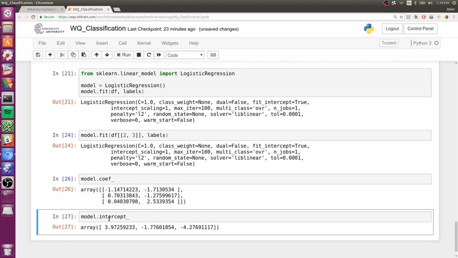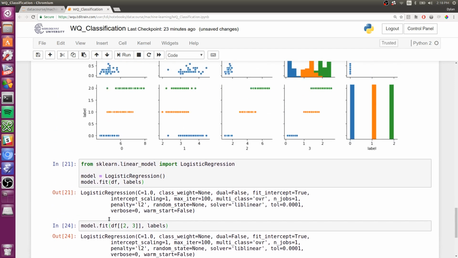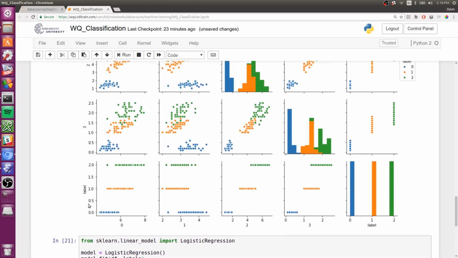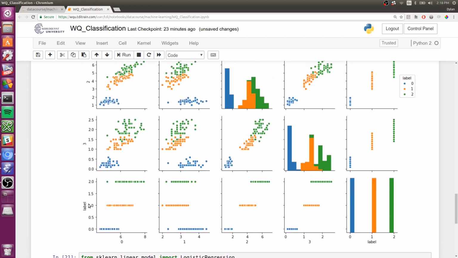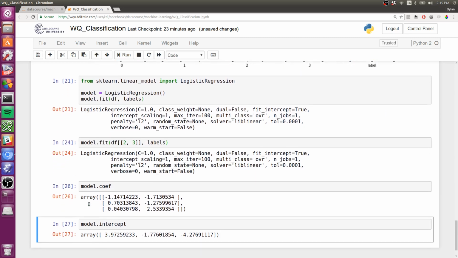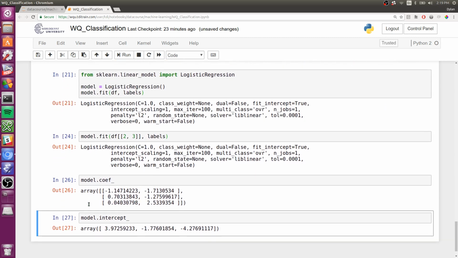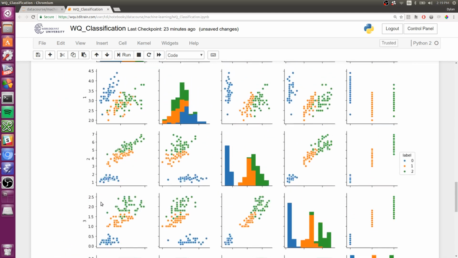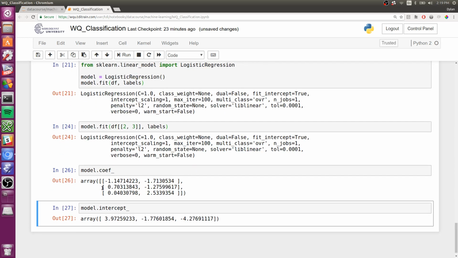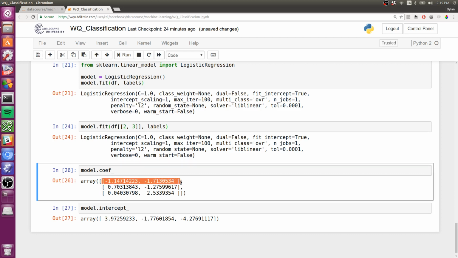Why do I have 3 here and not 2? Oh, right, one for each class. Of course. So each class has an associated set of coefficients.